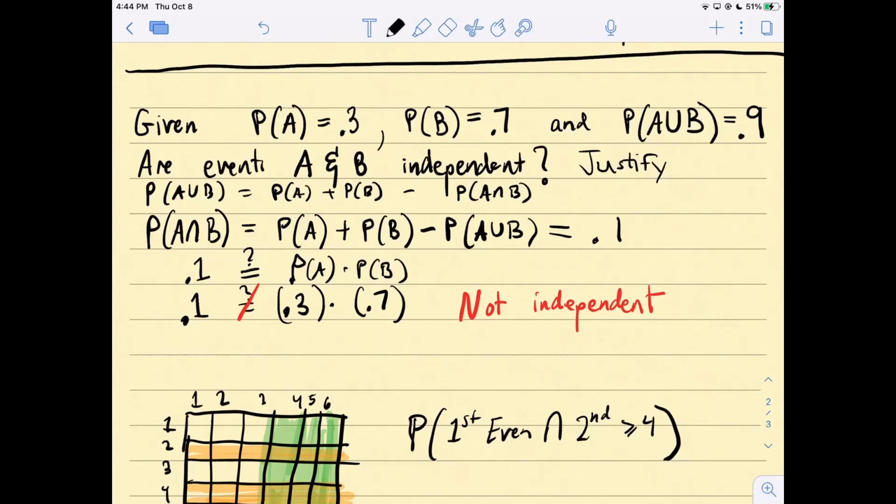Let me try to draw it here. So these are the pancakes. And then over here, there's another.